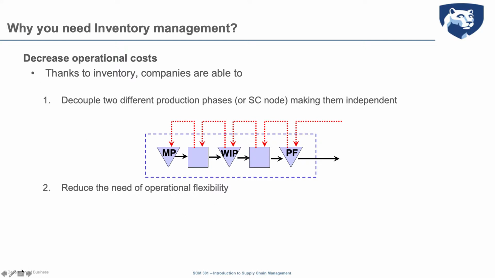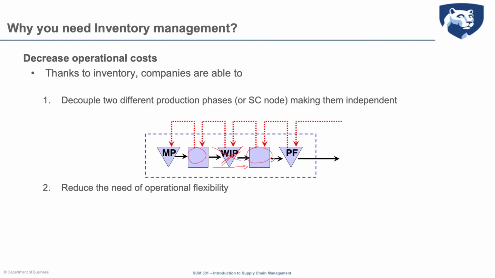Imagine, this is my supplier and this is me. If we don't have inventory in between, so if I don't store materials and components coming from my suppliers, so this is actually a continuous flow.